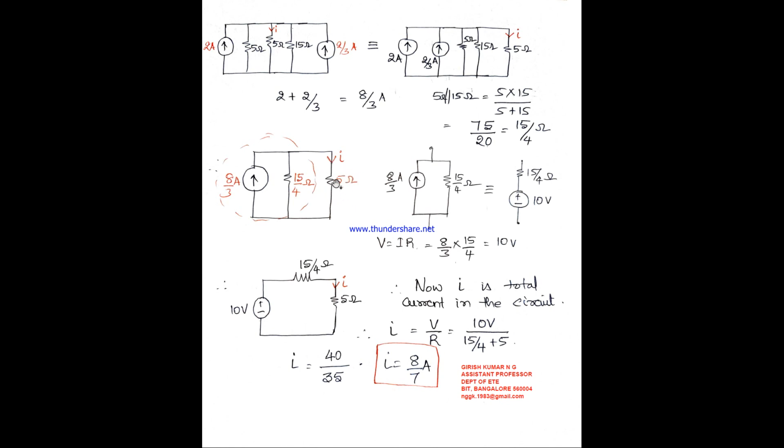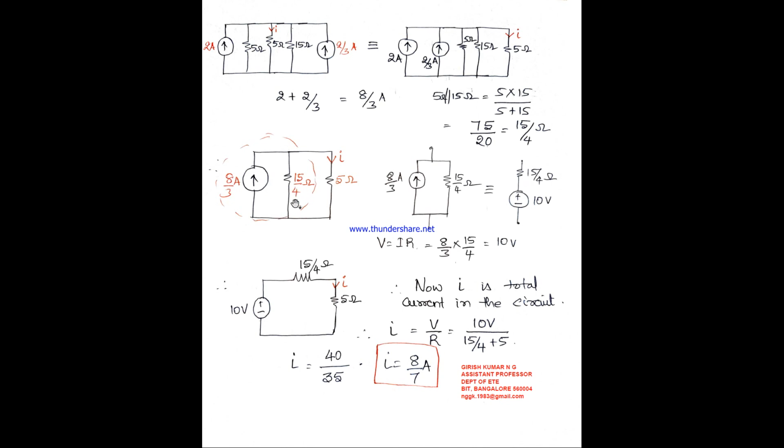Now your job is to find out I. Either you can apply the current division rule, right? In my previous problem I showed you the current division rule. In this problem I'm explaining another technique, converting this parallel to series again.